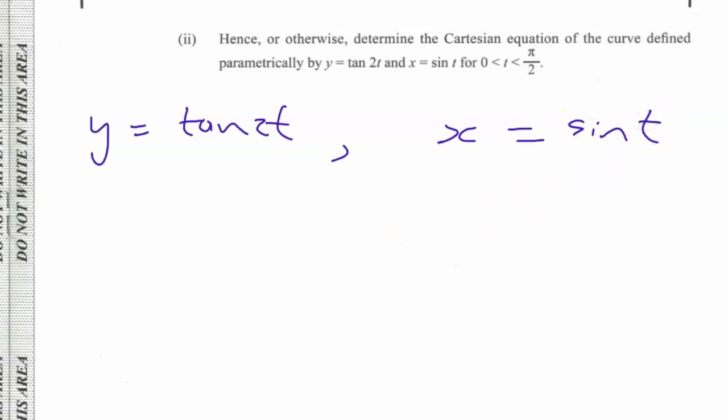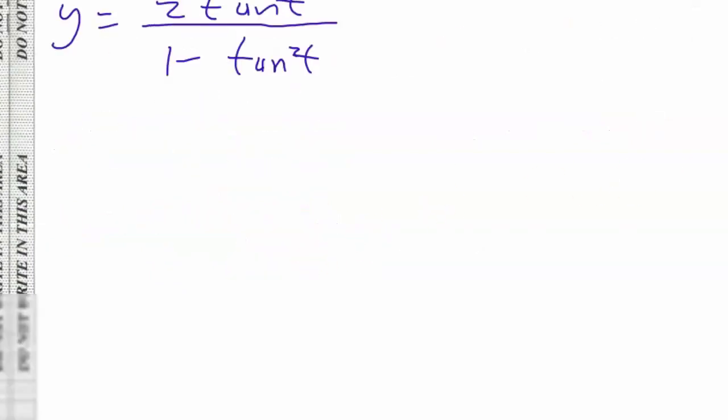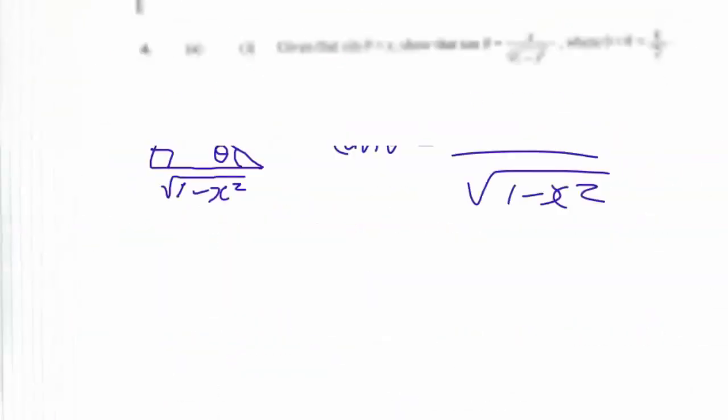Now the double angle formula for tan 2t is 2 tan t over 1 minus tan squared t.